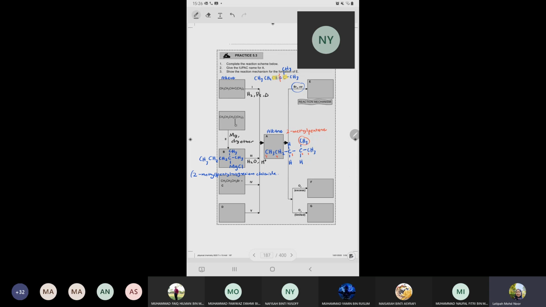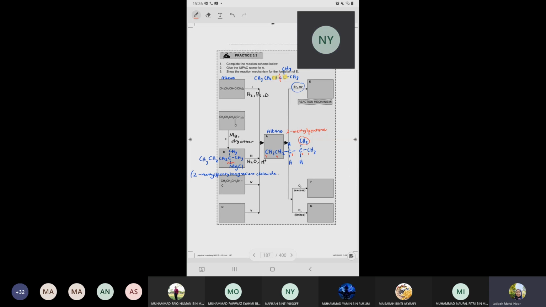So apa yang terjadi dalam reaction ni sebenarnya? Kita hanya perlu putuskan bond antara C dan MgCl dan gantikan MgCl tu dengan hidrogen. Dapatlah alkane tadi. Get it? Boleh ke ni? Sekali lagi boleh madam?